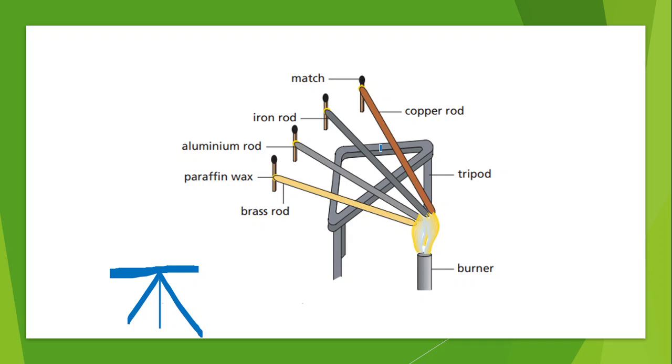So the results show that the matchstick attached to the copper rod using paraffin wax drops first, which means that the paraffin wax at the end of the copper rod got the heat it needed to change its state from solid to liquid first, which again tells us that copper is the best conductor among these four options.